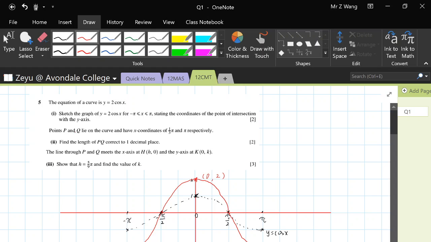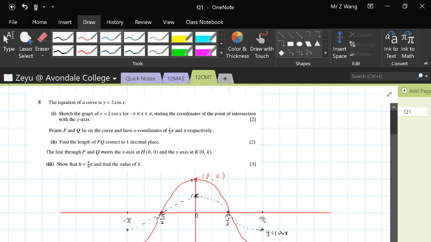Points P and Q lie on the curve and have x coordinates of 1/3 pi, roughly here, and pi respectively.